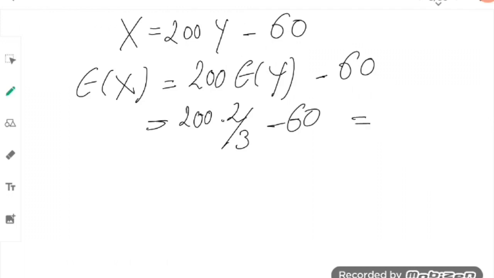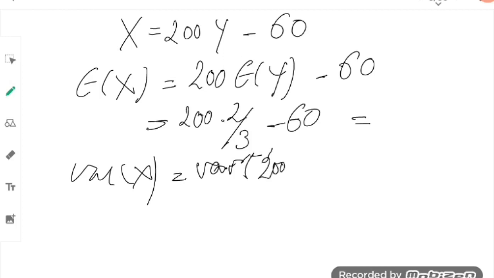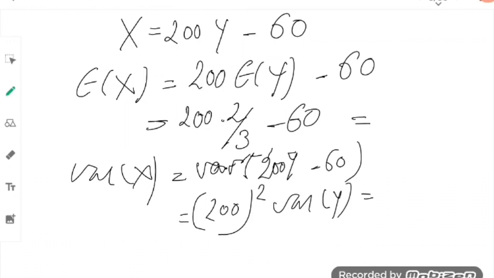For the variance of x, this will be the variance of 200y minus 60, which is 200 to the power 2 times the variance of y, which is 40,000 divided by 18.